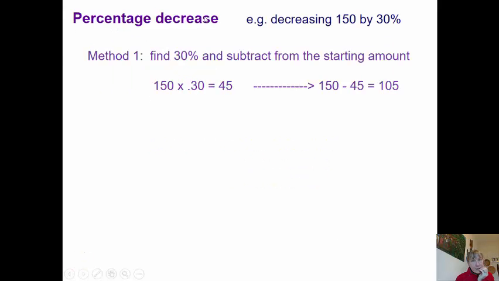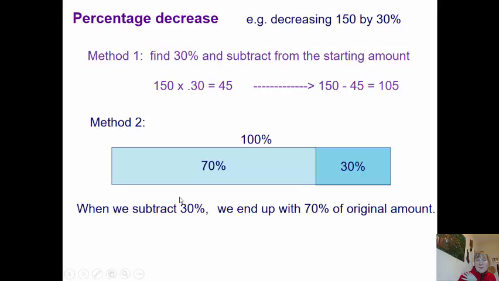So what about percentage decreases? Similar kind of thing, we want to decrease 150 pounds by 30%. So we can either do it the unsophisticated way, but perfectly valid. We can find 30% of 150, which equals 45, and we can subtract it. So there we are, we get 105. That's fine.